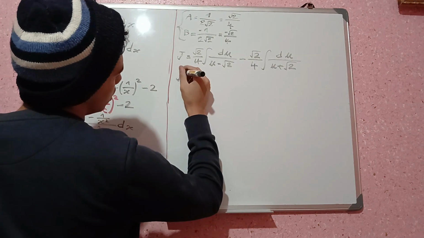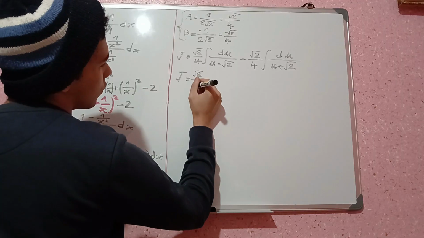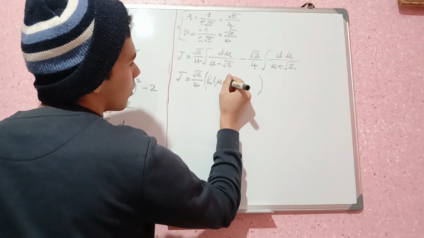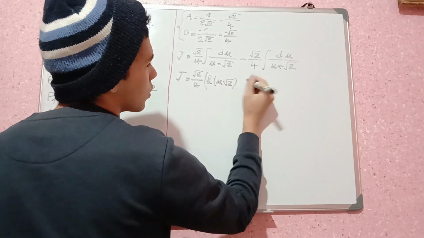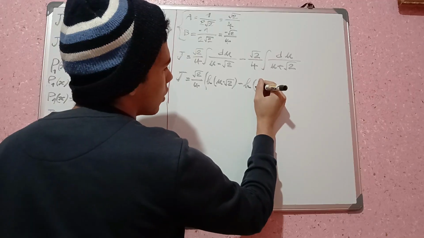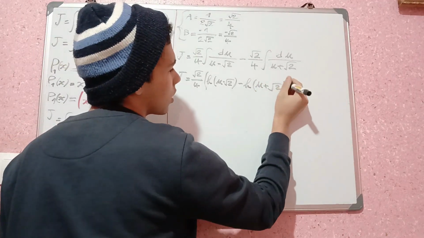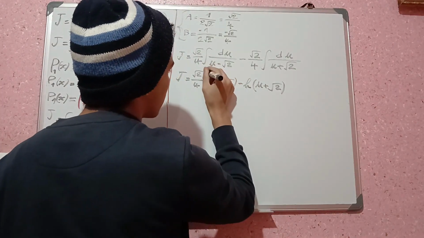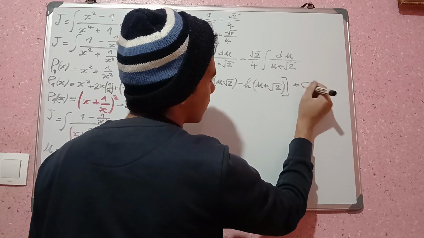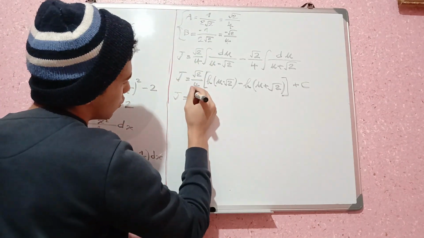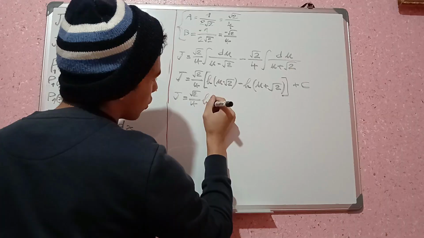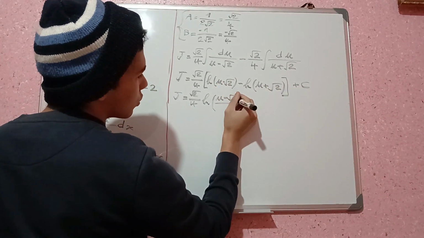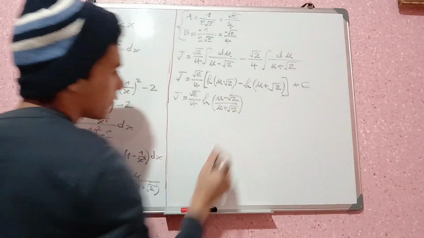I guess we are done. g equals square root of 2 over 4, taking it as a common term. This part will be natural log of absolute value of u minus square root of 2, and this part will be minus natural log of absolute value of u plus square root of 2. Let's use brackets here, plus c. So g equals square root of 2 over 4 natural log of (u minus square root of 2) over (u plus square root of 2).